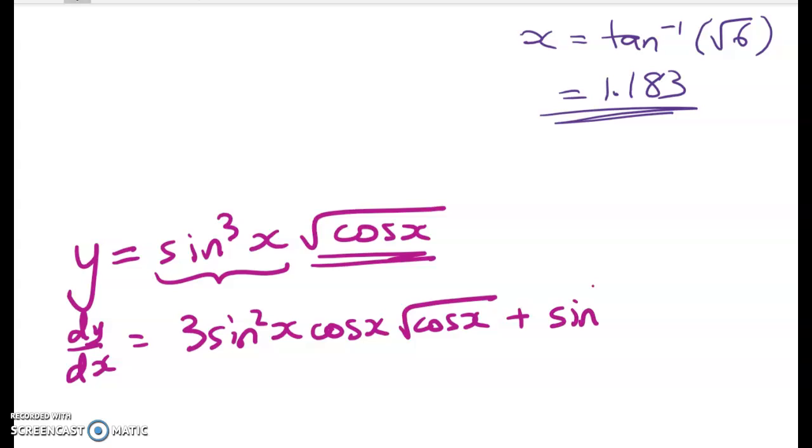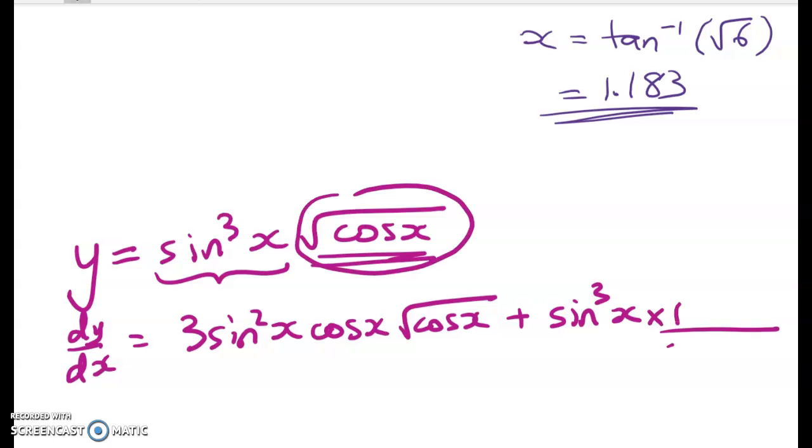So leave the sine cubed x and now differentiate this. So it's going to be times 1 over 2 root cos x times the derivative of this inside function, which is negative sine x.